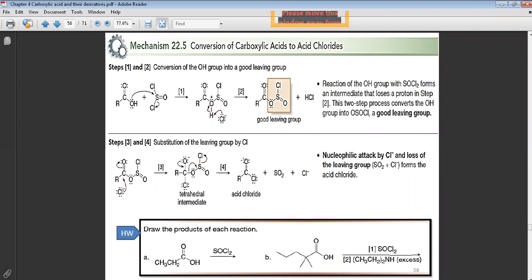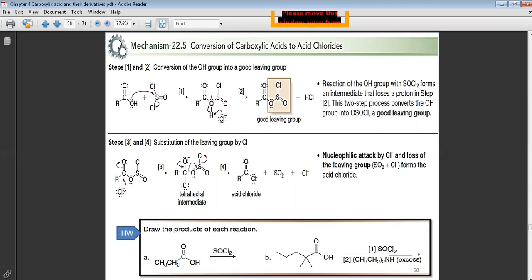We have the acid chloride. That means we have a special reagent here. Our special reagent is thionyl chloride. Thionyl chloride works differently from a nucleophile. It is not a nucleophile here; it is an electrophile. That means it is a special reagent, a special reaction, and a different mechanism.